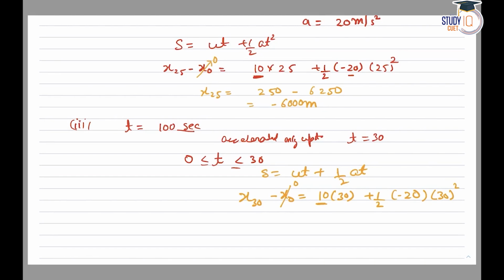So from this we have the position at t equal to 30 second is equal to minus 8700 meter. Minus indicates the particle is on the left side of the origin, 8700 meter from the origin in the left direction. Now at t equal to 30 second, the position of the particle is minus 8700 meter.